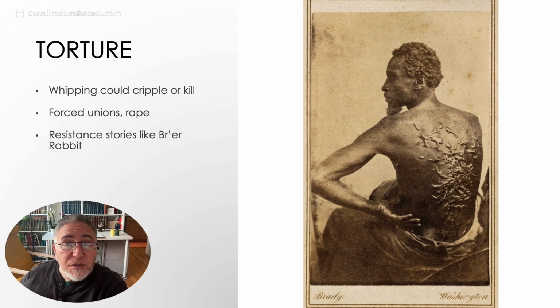The lash, whipping, the most common form of punishment, was effective, but sometimes left people incapacitated or even killed them. Slave owners also used punishment gear like neck braces and balls and chains and leg irons and spurs. But often, the most effective way to intimidate enslaved people was to threaten to sell them.